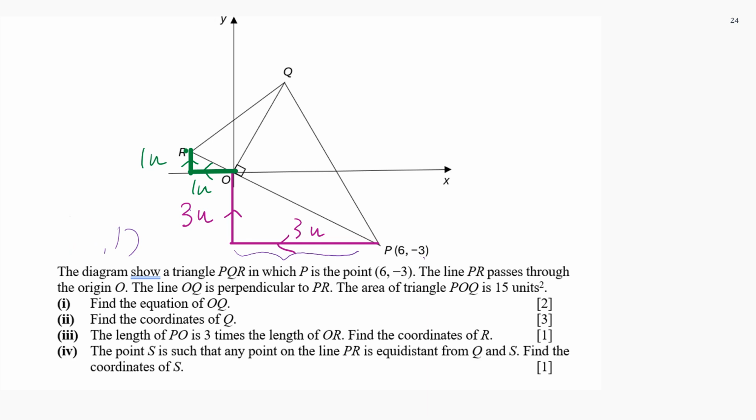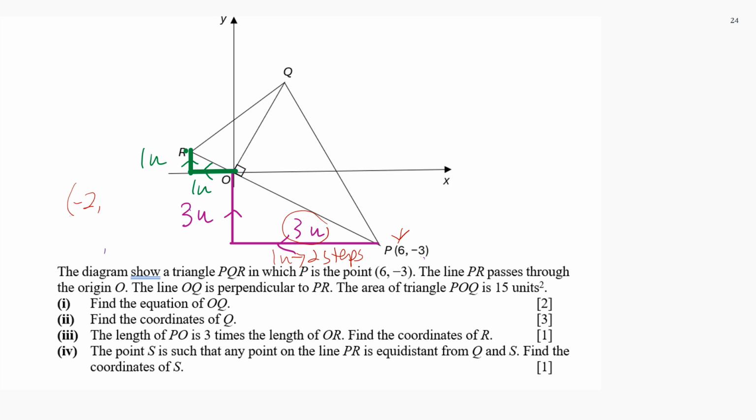Okay, let me repeat now. Let's look at your x coordinate first. So 6 steps represent 3 units, so one unit will represent 2 steps. So you're walking 2 steps to the left. Therefore it's negative 2, right?